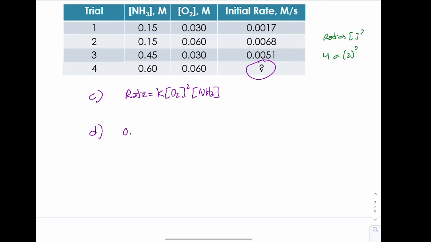So I have 0.0017 molar per second equal to k multiplied by 0.030. I wasn't going to forget units this time. Molar squared multiplied by 0.15 molar. And that's raised to the first power.